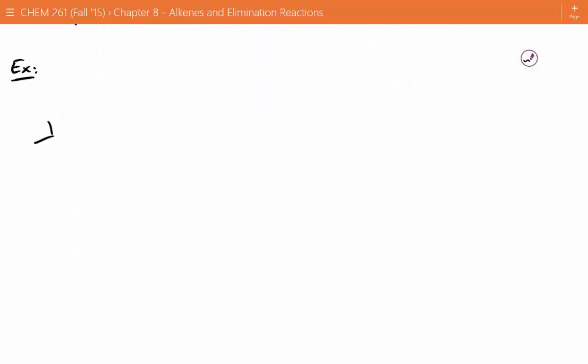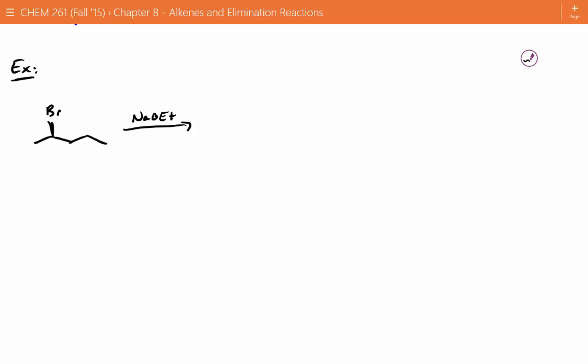And let's say we've got 2-bromopentane. And we're using sodium ethoxide. Is this a strong base, strong nucleophile, or is it both a strong base and strong nucleophile? It's a strong base and strong nucleophile, right?